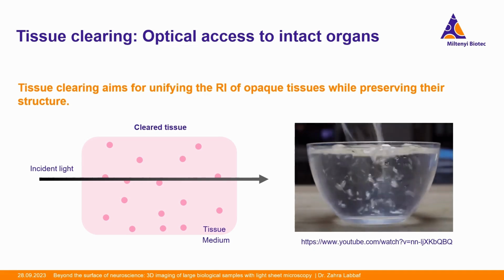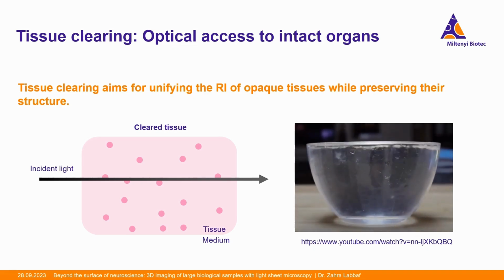However, when water is added, these polymer beads become invisible. The reason is that water and the polymer beads have a similar refractive index, and therefore light can pass through and is not scattered. Tissue clearing also works in the same way and unifies refractive indices within a tissue, and therefore light can pass through and tissues become transparent.